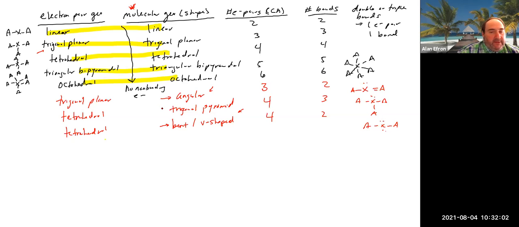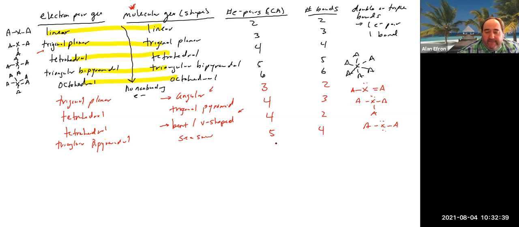We also then had some of those expanded octets and exceptions, where we had 5 electron pairs but only maybe 4 bonds. That is, again, 5 electron pairs, which is our triangular bipyramidal, but this is our seesaw.